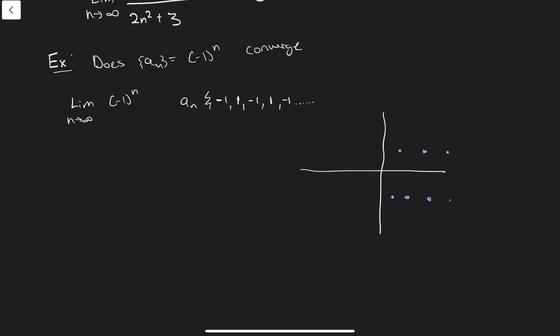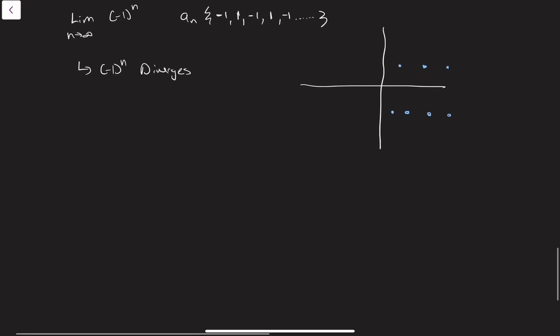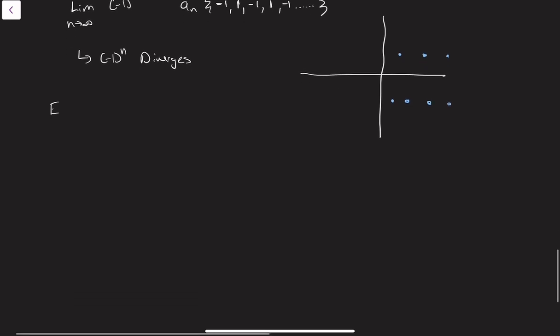It goes back and forth, and it would behave like this forever. So we can say that (-1)^n diverges. It doesn't converge to a specific value. It always oscillates back and forth between the values 1 and -1. So that was easy.